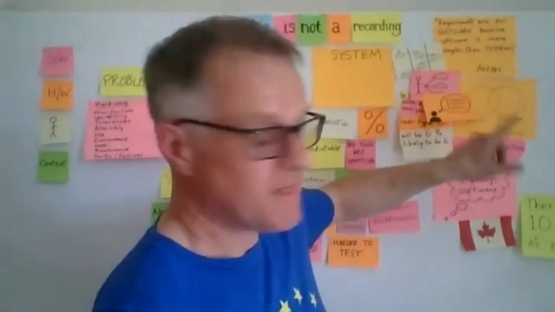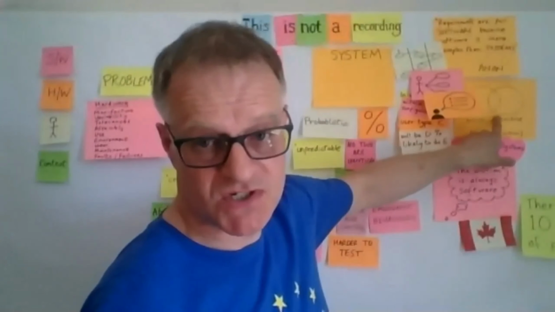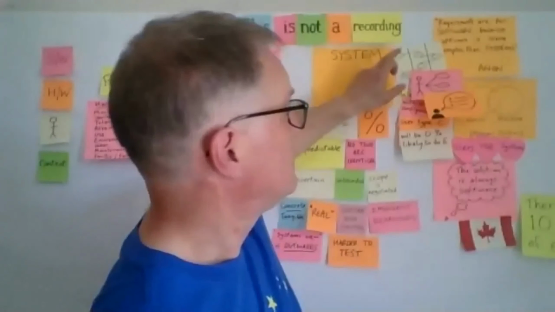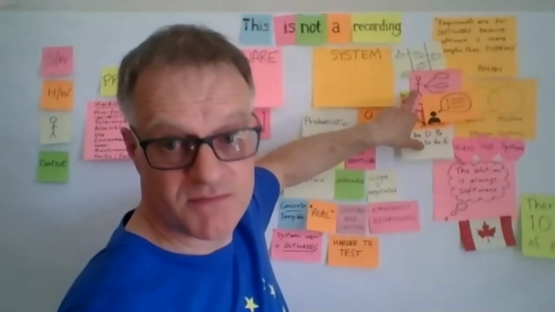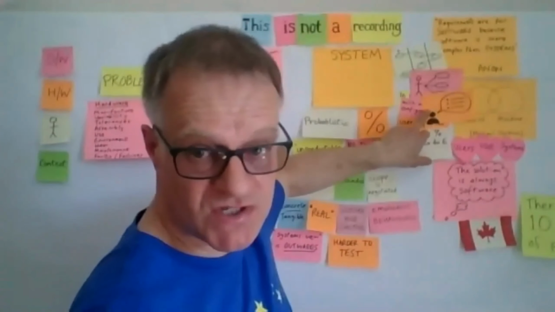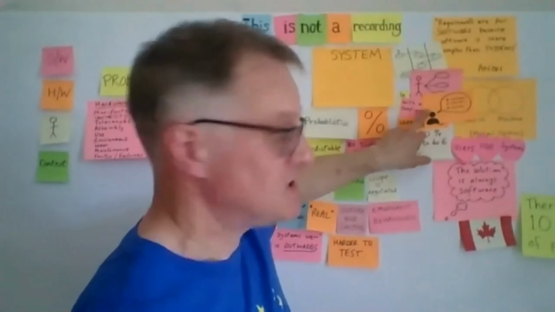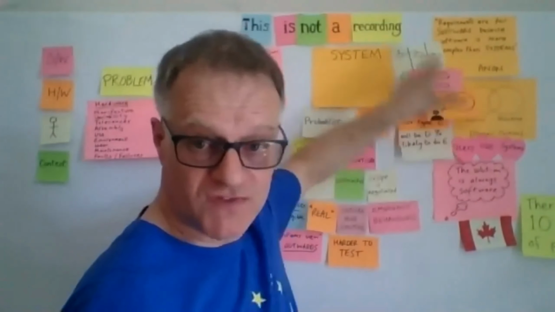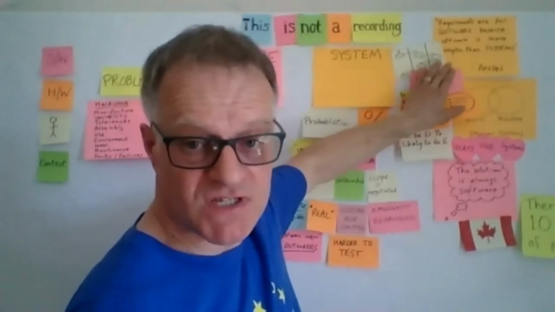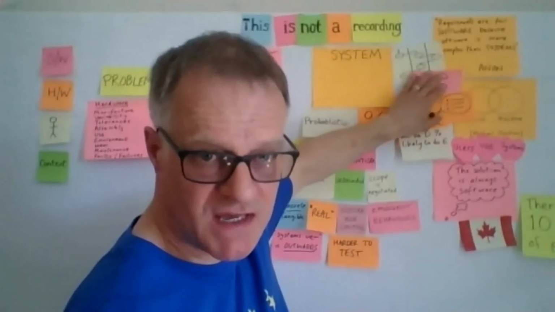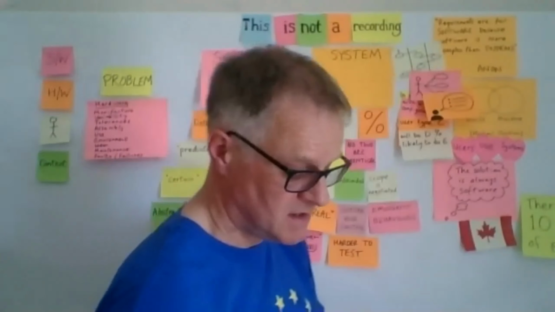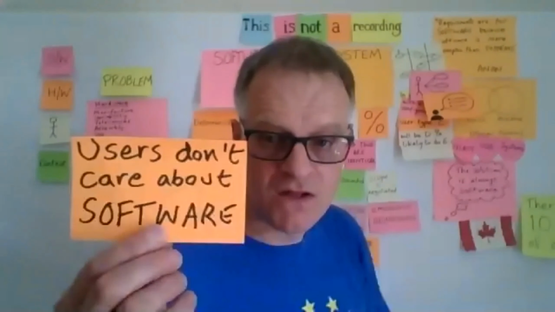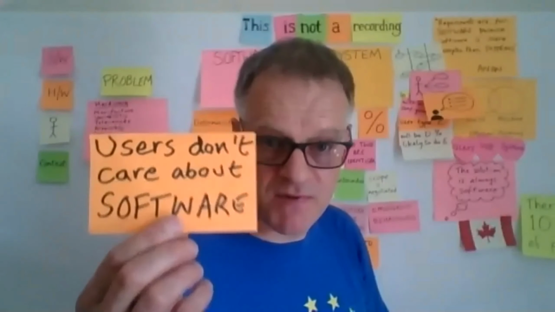So interestingly, I would say Jackson's World and the Machine comes out of software engineering. Activity diagrams, software engineering. Use case diagrams, software engineering. User stories, agile, software engineering. And yet in all of these, the emphasis is on the system behavior. It's what the user wants the system to achieve, not the software. So users don't care about software.